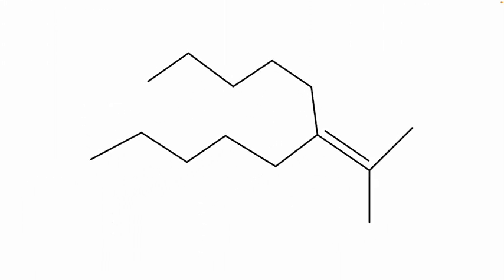And then for our last example here, my longest continuous set of carbons are these, but I have to include that double bond in my parent chain, right? So that makes these my longest continuous set of carbons. So then I have a 1-carbon methyl group and a 5-carbon pentyl group.